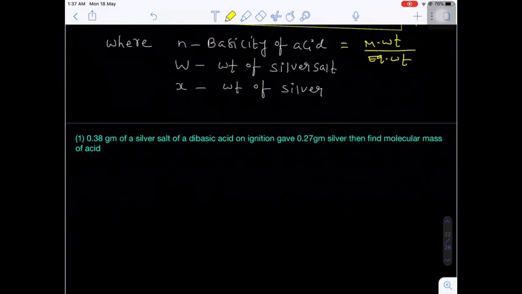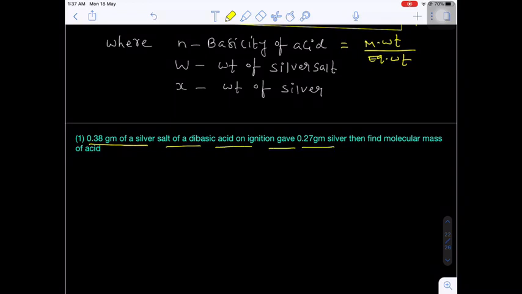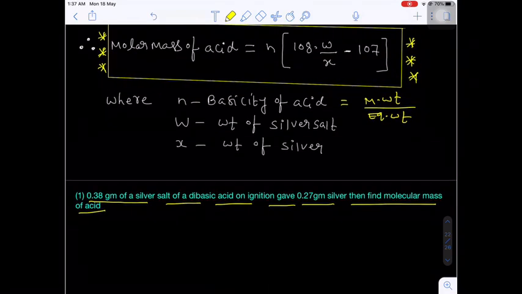Now come to one numerical. 0.38 grams of a silver salt of a dibasic acid on ignition gave 0.27 grams of silver, then find the molar mass of the acid. Now here we have the direct formula. What is the direct formula?